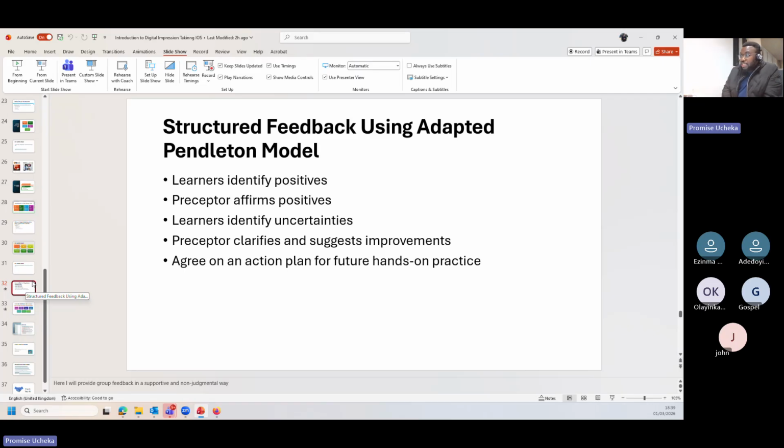Okay, so I think the next thing in our feedback loop will be to agree on an action plan. Now that you've had this introduction to digital impression taking, what's the next action that you want to take moving forward? Everyone think about what's the next action you may want to take.